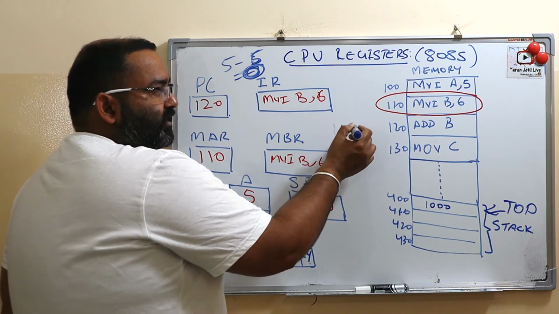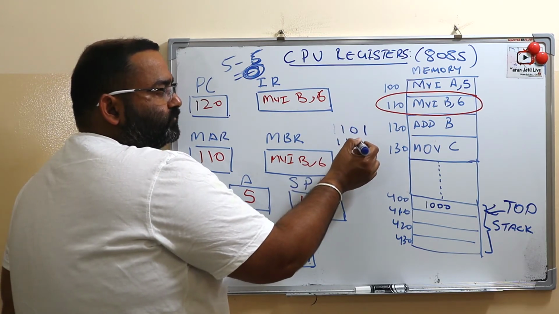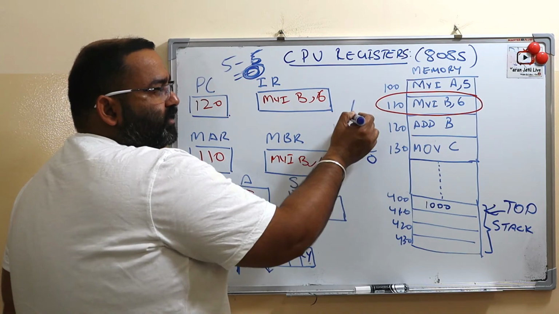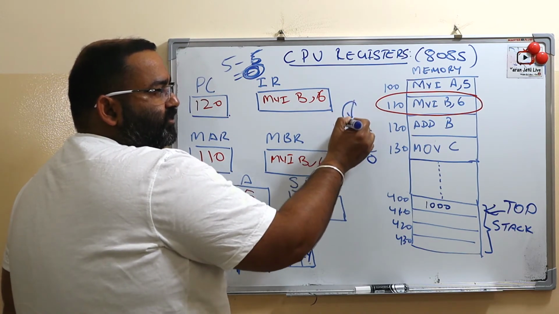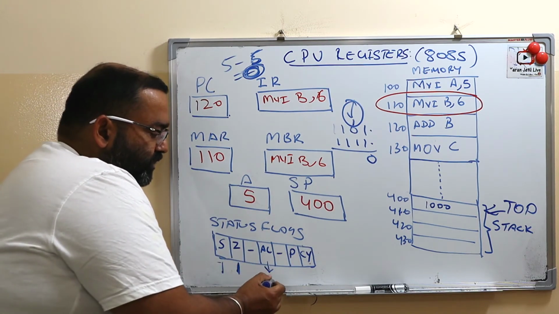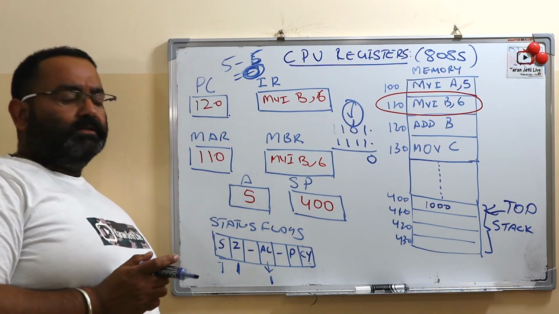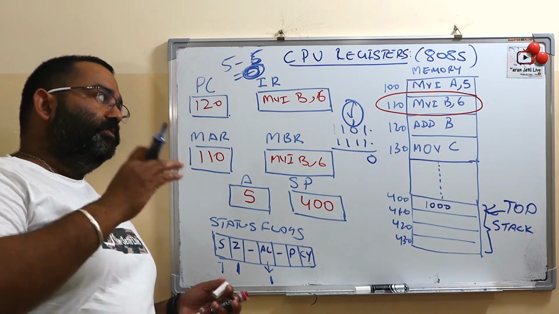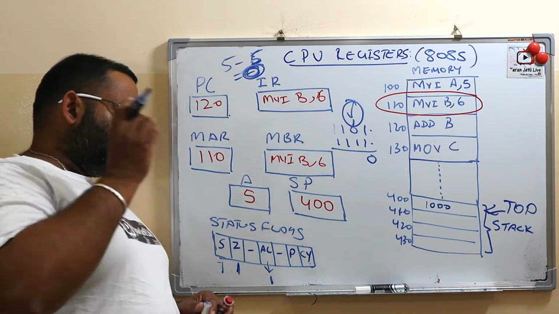For example, we are adding two binary numbers. 1 plus 1 gives us 0, and there is one carry generated, and it must be added to the next number. So then this bit will become 1. It will tell us there is a carry which should be taken care of and added to the next bit.